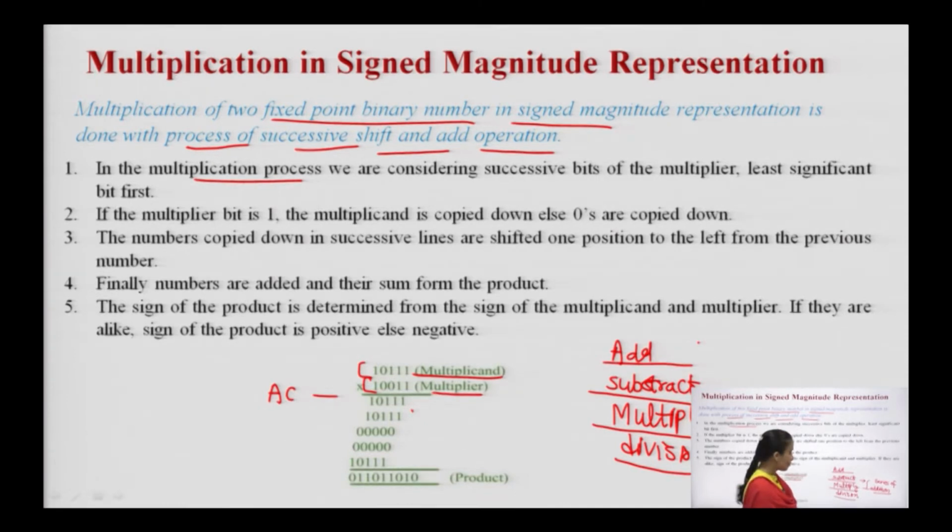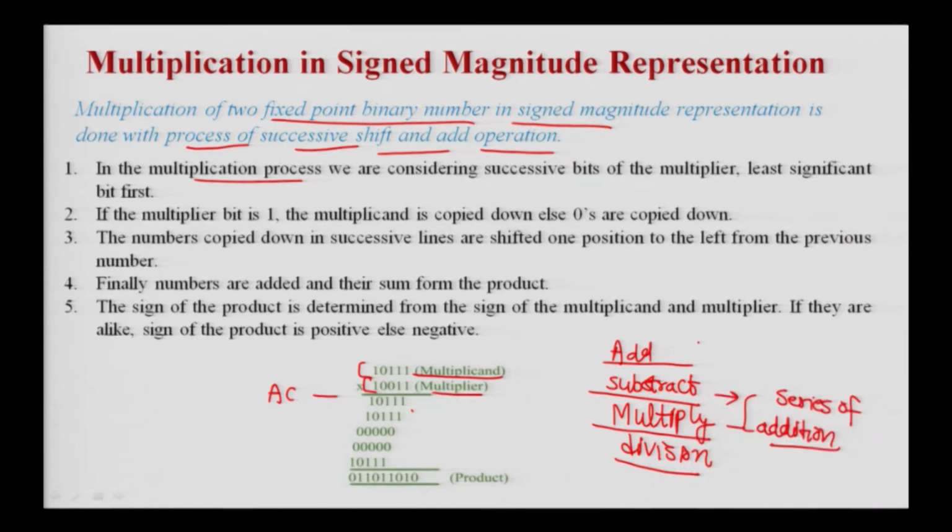If the next bit of the multiplier is 1, then again the multiplicand bits are copied, shifting the product to the left. If the multiplier bit is 0, zeros are copied, and in this way we reach the MSB of the multiplier.